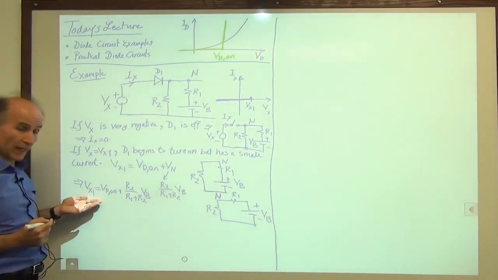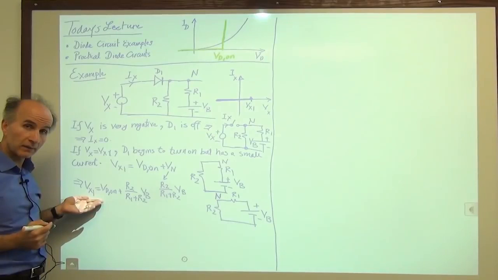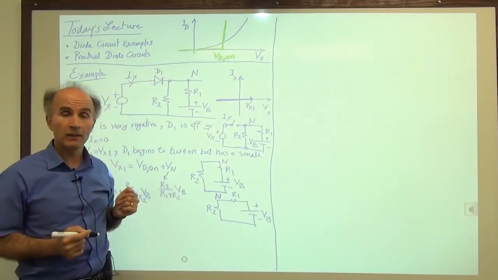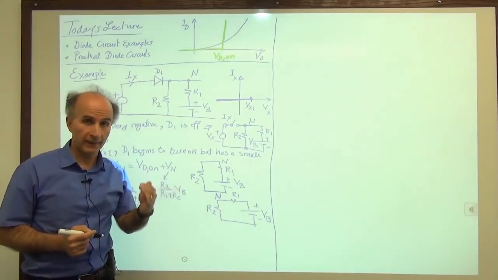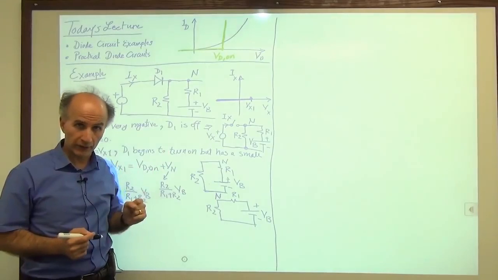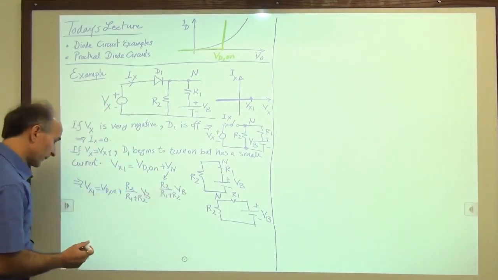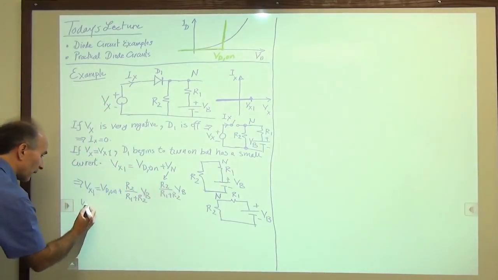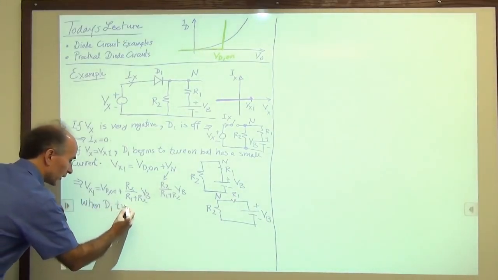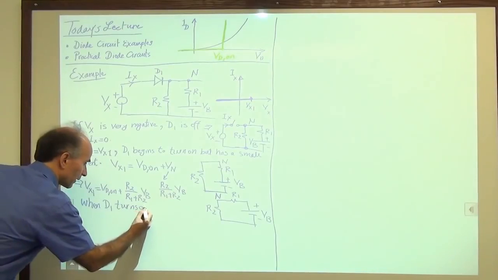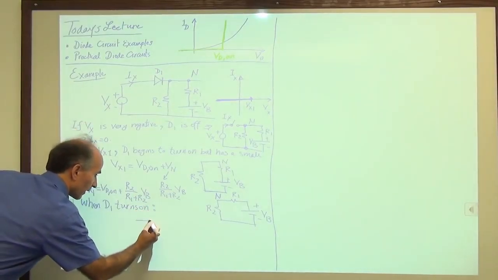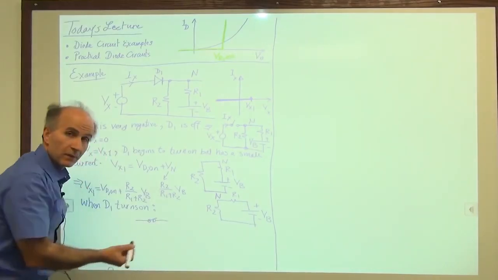What happens as we exceed Vx1? Well, now the diode has turned on, so we replace the diode by its equivalent circuit, one battery, in series with a short circuit if you want, if we insist. So when D1 turns on, this is the circuit. You don't have to draw this short circuit.